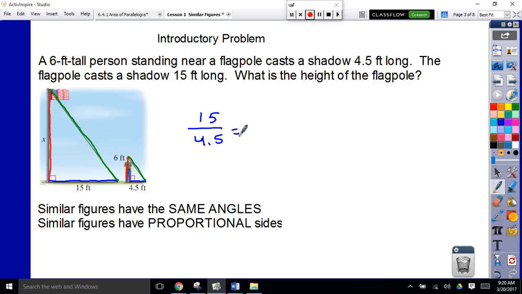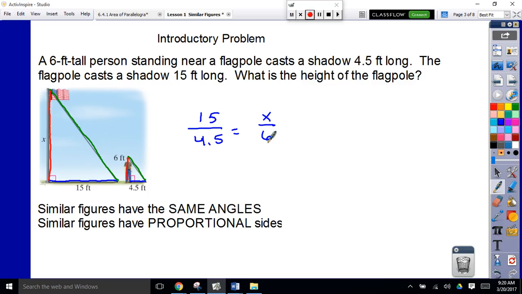Okay, and then what would our second ratio be? X over 6. Good. X over 6. Okay, want to solve that for us? Ben, you can just tell us the steps.